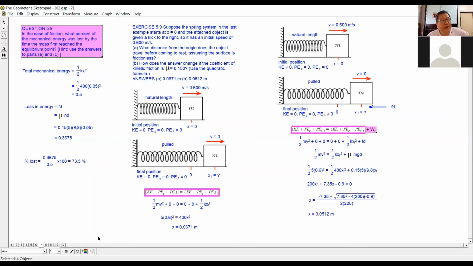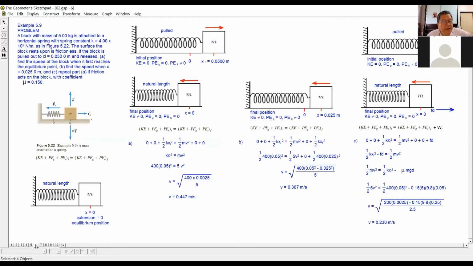Let me explain what part A and part C are. Part A is from the initial position until the equilibrium position without friction. Part B is still the same, from the initial position until the equilibrium position, but this time it has friction.